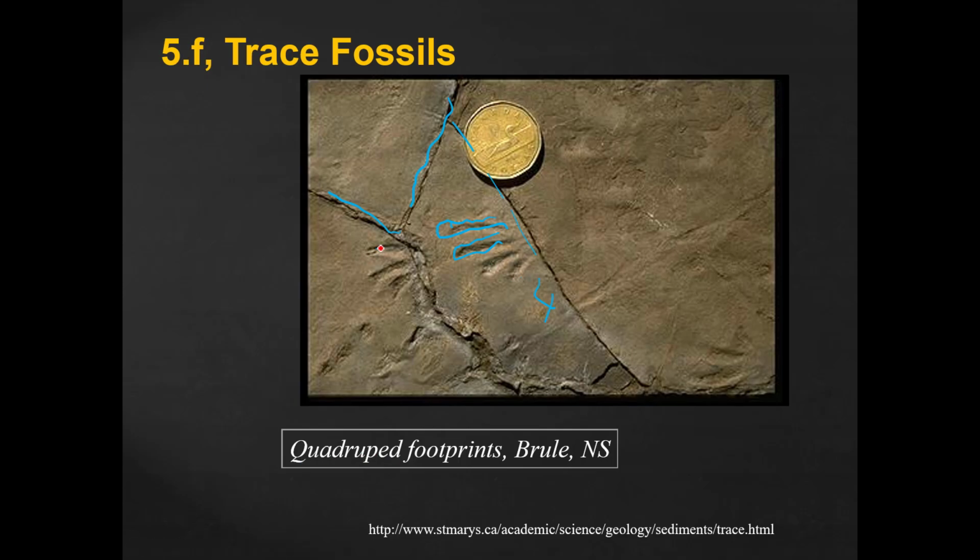The other one also had 1, 2, 3, 4 fingers, so they're called quadruped footprints. So we know it must have been a shallow marine environment where some animal went to get food, probably fish. Even though we don't know what kind of fossil, from the footprints we can tell what kind of environment this was forming in.